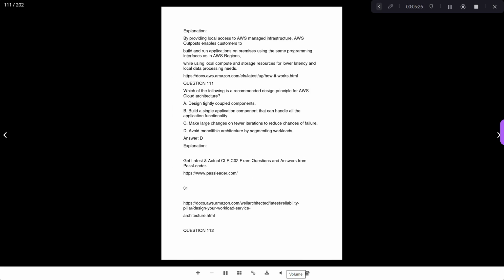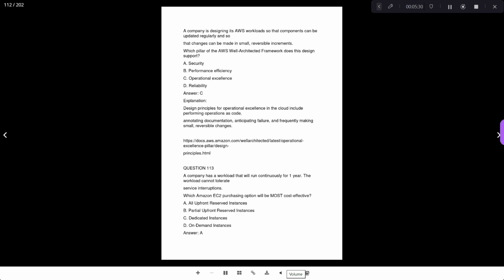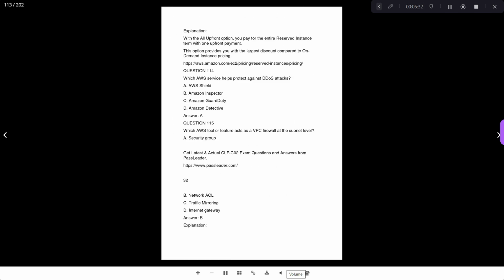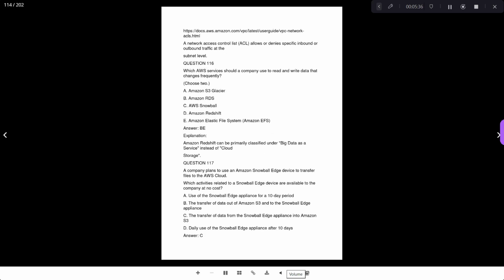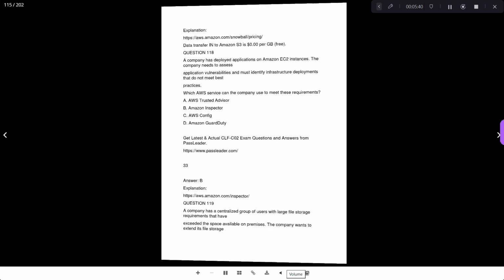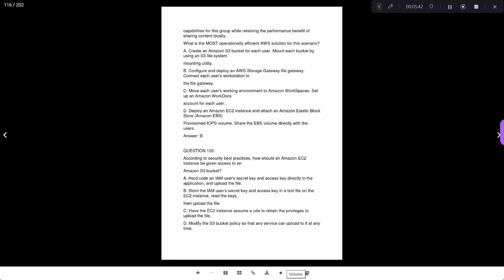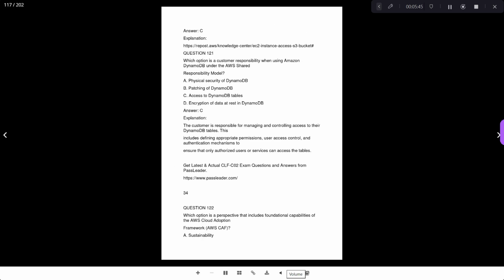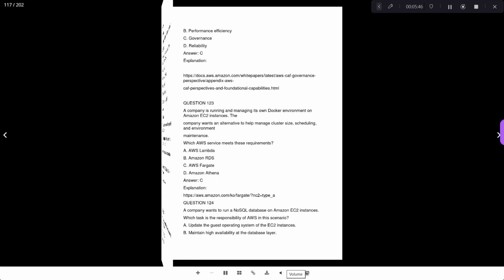Question 1. Encryption and data security. Scenario: a financial company needs to store sensitive data in Amazon S3 with encryption managed outside AWS. Correct answer: encrypt the data at the company's data center before storing it in S3. Concept: meeting compliance requirements for encryption outside AWS.